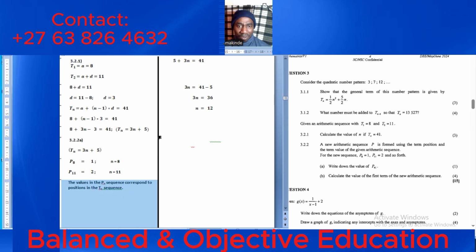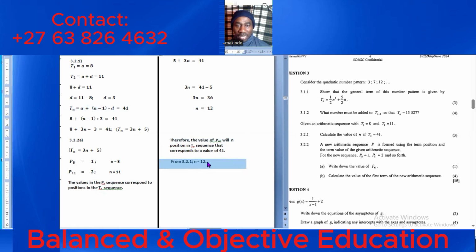So you just have to look at the question and know the trick they are trying to play there. So if we look at it, we see that the value of P41 would be the position in the Tn sequence that corresponds to a value of 41, which we have already calculated here to be 12.